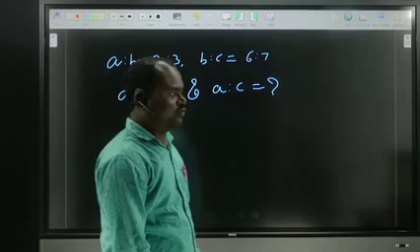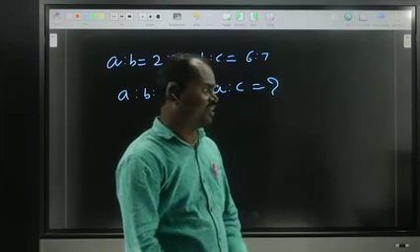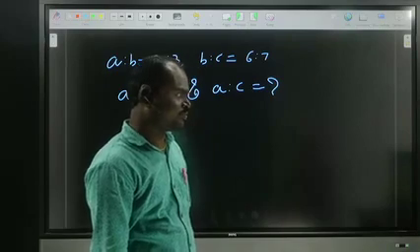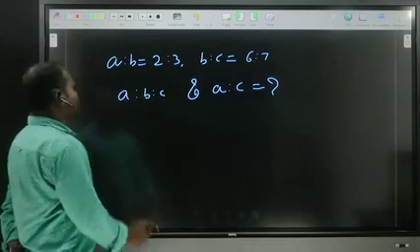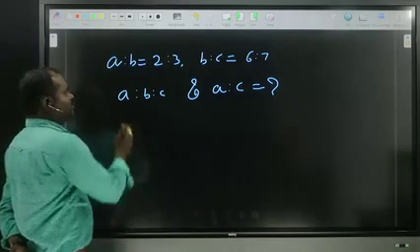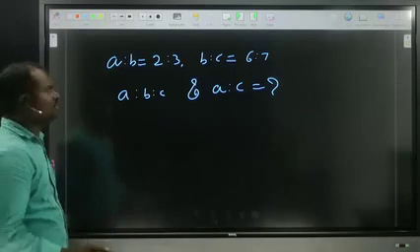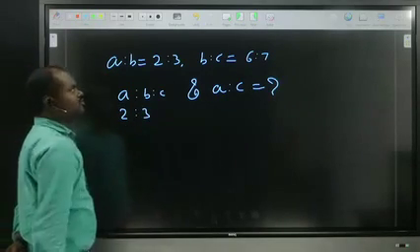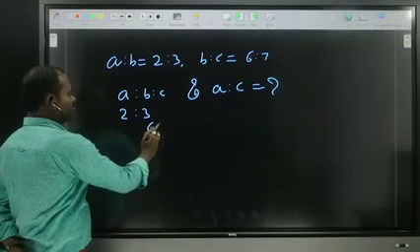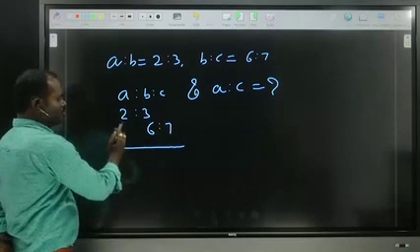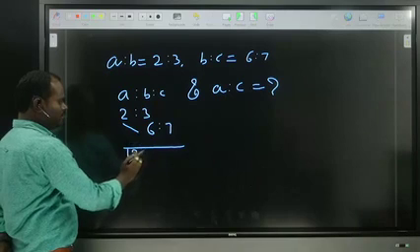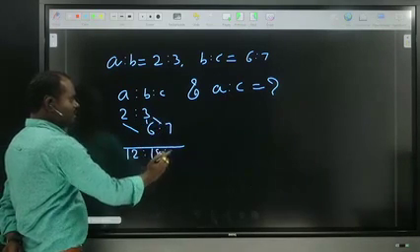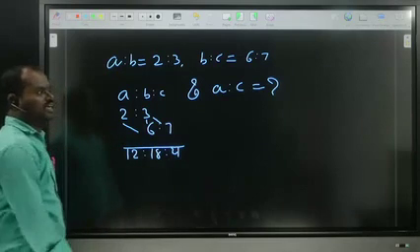4 is to 6 is to 7 and 4 is to 7. So as per the question, what is the A is to B is to C ratio? 2 is to 3, next 6 is to 7. 2 6s are 12, 3 6s are 18, 3 7s are 21. 12 is to 18 is to 21.